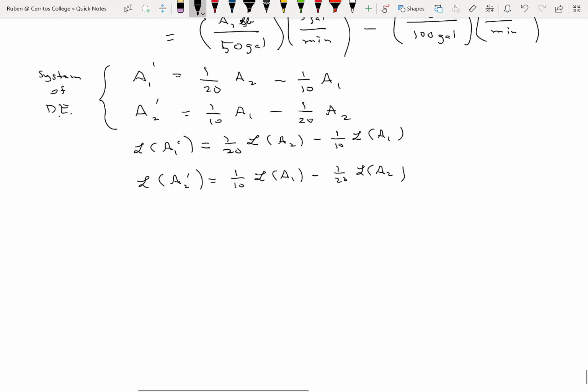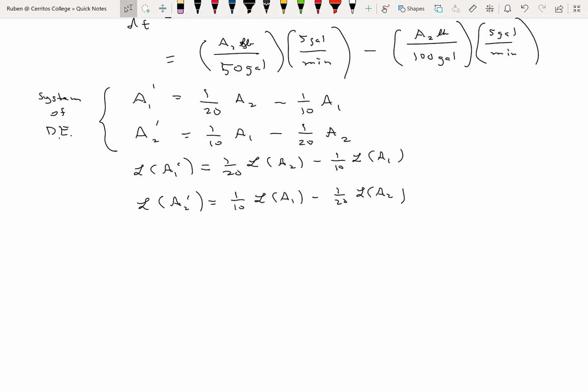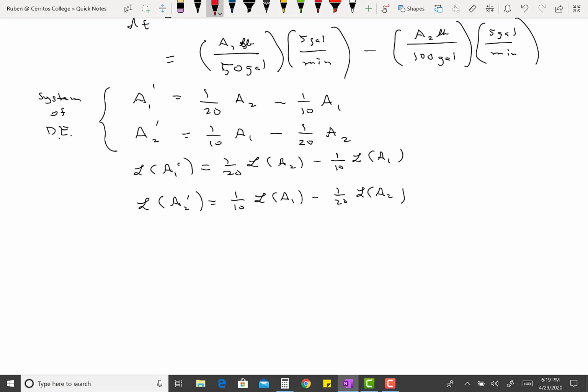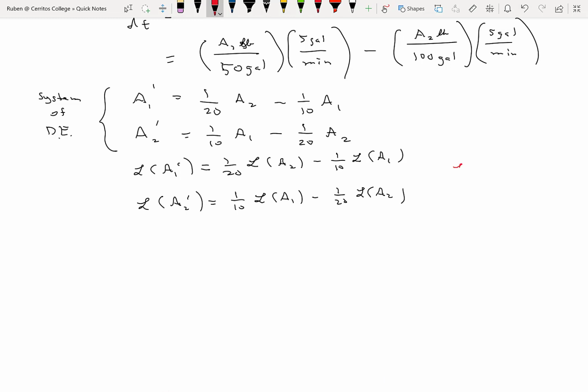Okay, so let's continue on back to the Laplace transform of A1 prime. I'm going to use the formula that we've been using over and over again, but for a different kind of variable than y. The formula I'm using is off to the right here. Laplace transform of y prime equals s times the Laplace transform of y minus y of 0. So I'm going to use that formula, but applied to the variables A1 prime and A2 prime.